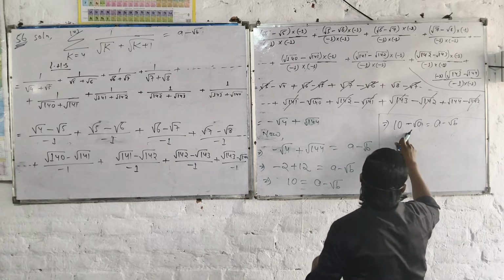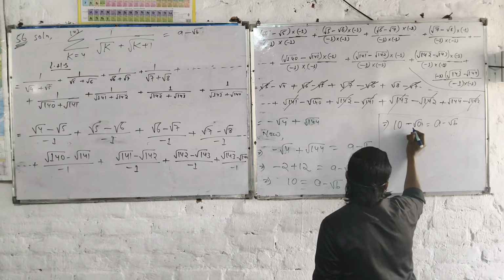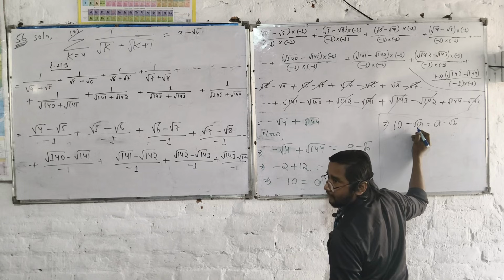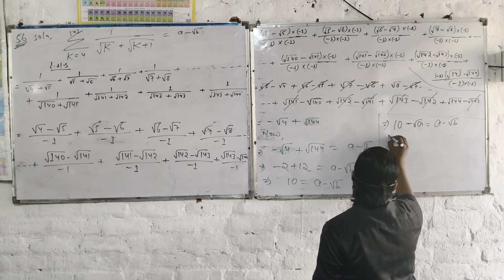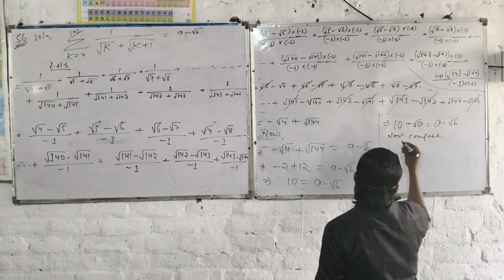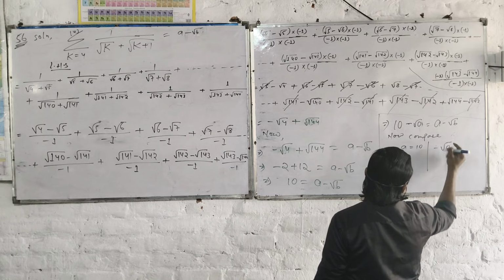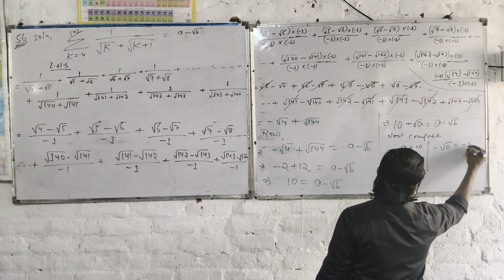So that's why we can just write 10 as 10 minus square root of 0. We can write that. Now compare.